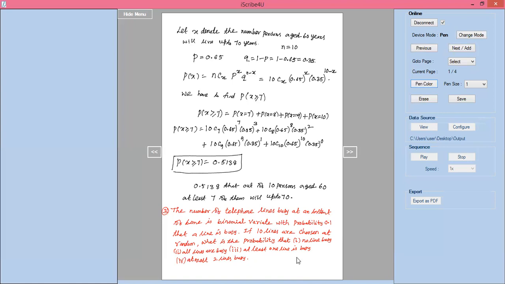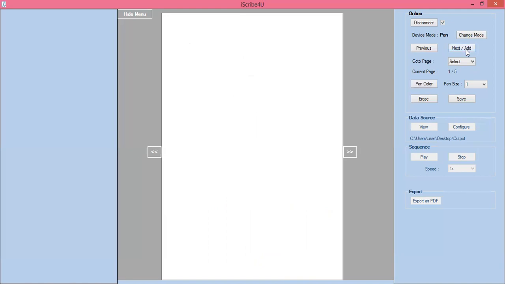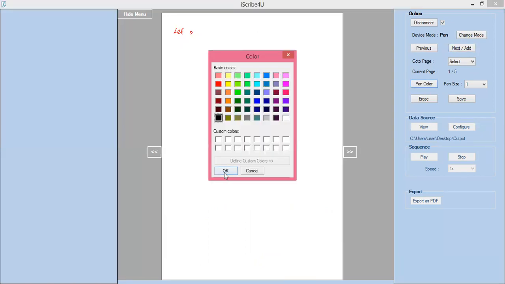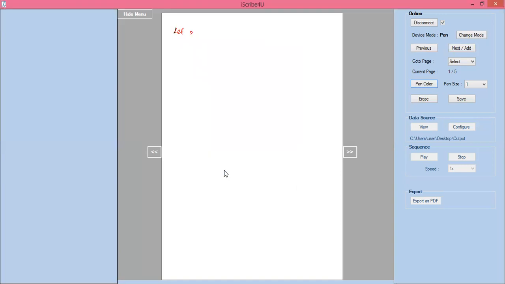Let x denote the number of telephone lines that are busy.